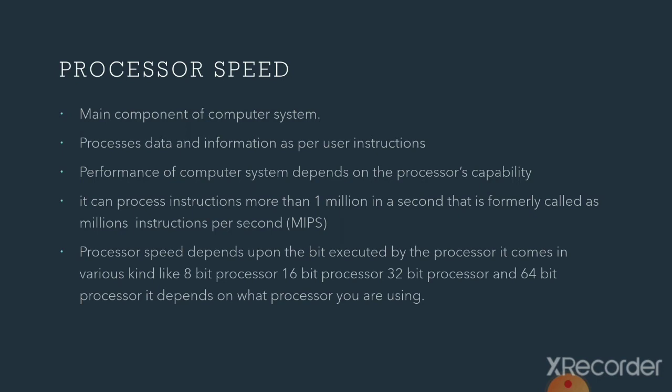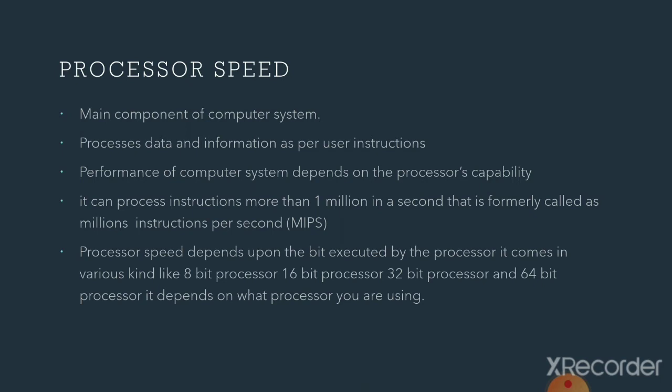The performance of a computer system depends on the processor's capability. Okay, so whenever you go to purchase your computer or mobile phone, what will you see? Which processor your device is using.